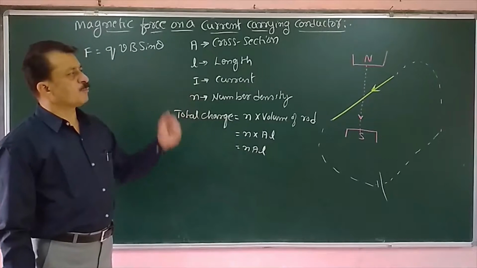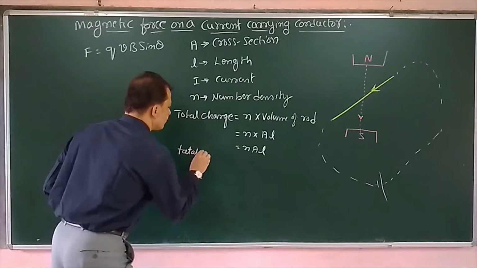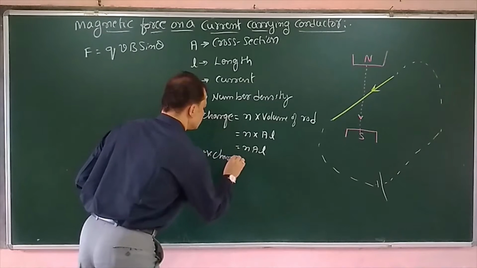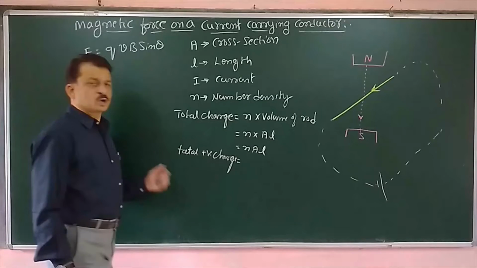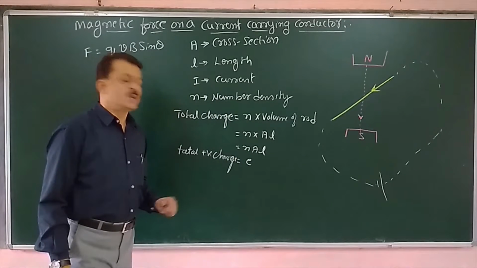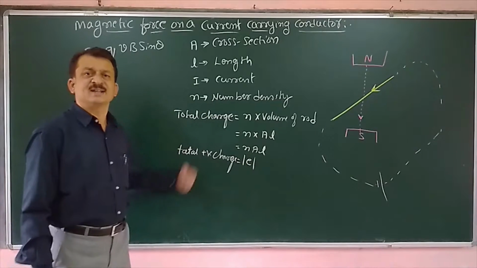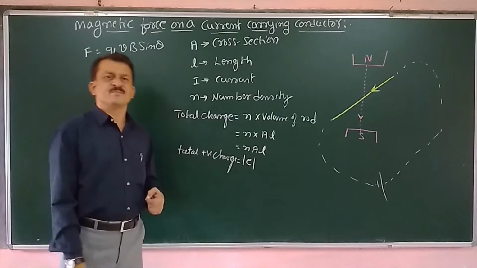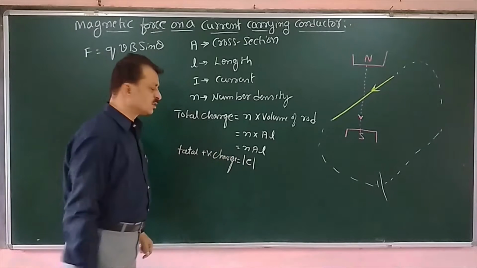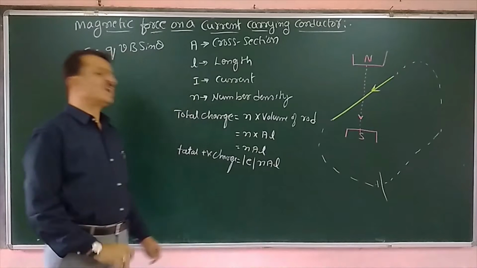Therefore, the total positive charge is the charge of one electron, even though it is negative, since we are taking the motion of the positive charges, so we take the magnitude of the charge of the electron, multiplied by the number of electrons.